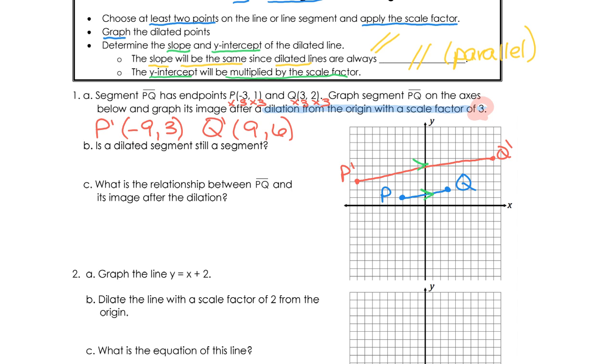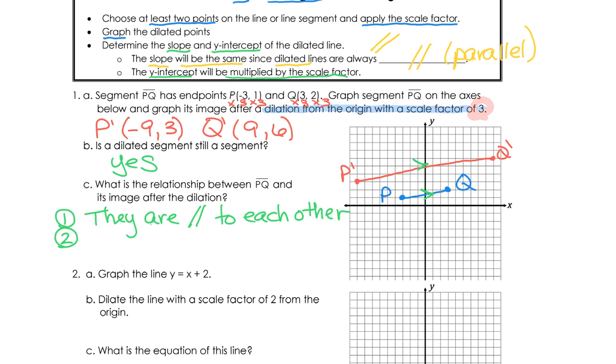Okay. All right, part B says, is a dilated segment still a segment? Yes. Part C, what is the relationship between PQ and its image after the dilation? They are parallel to each other. Okay, that's one thing.